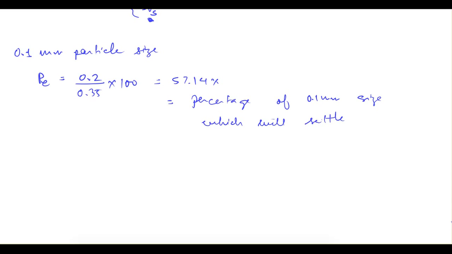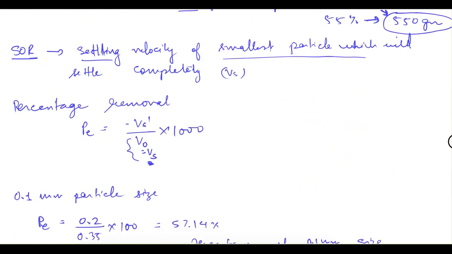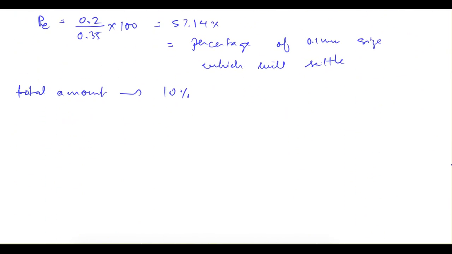Now let's find out the total amount of these particles. We know these particles were 10% of the total suspended solids. It means their total amount is 100 grams. Now out of 100 grams, 57.14% is going to be settled.